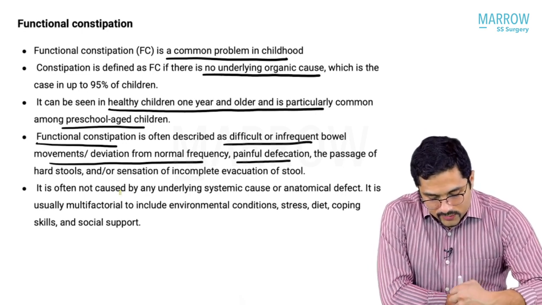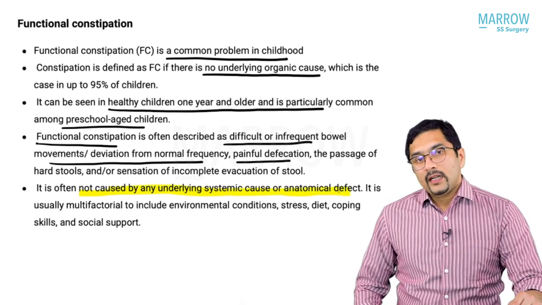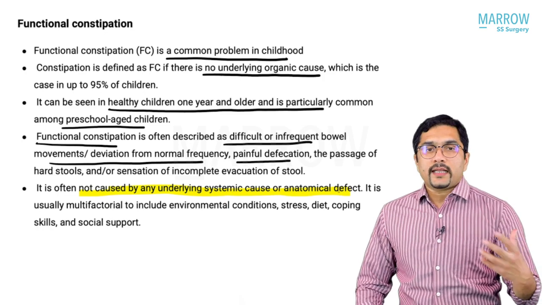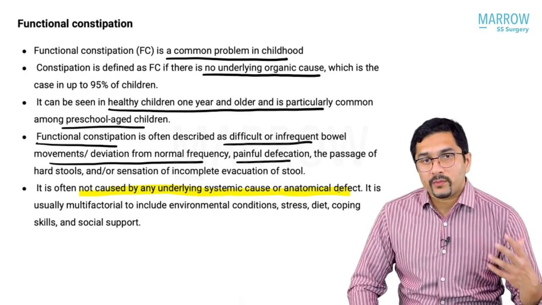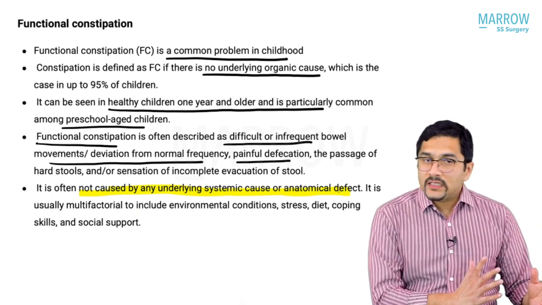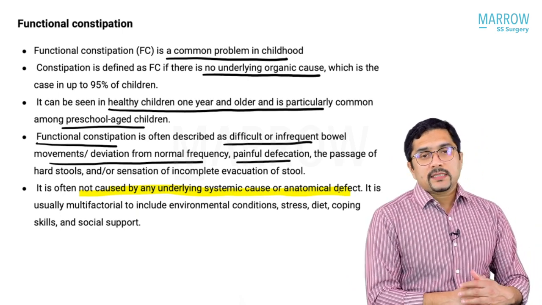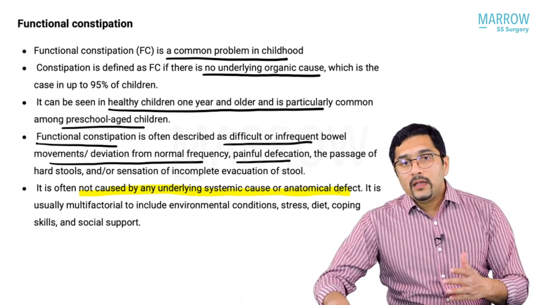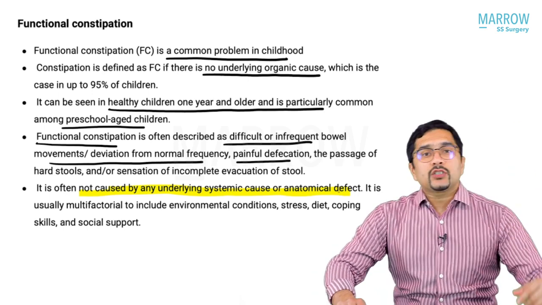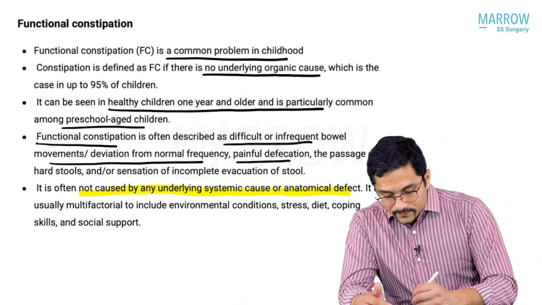It is not caused by any underlying systemic cause or anatomic defect, right? So, usually underlying systemic cause or anatomical defects would be missing. Hypothyroidism will be associated with other features of hypothyroidism, and in Hirschsprung's also, patients can have Down syndrome, and also there is delayed passage of meconium in Hirschsprung's, which wasn't the case in this question.